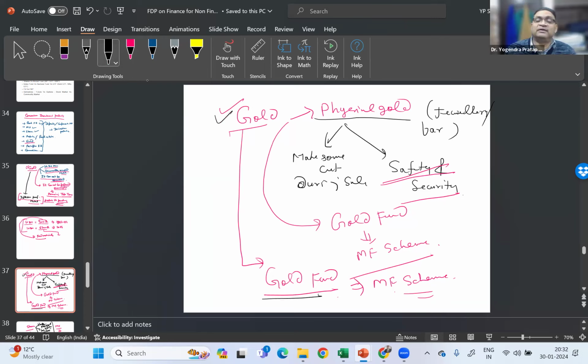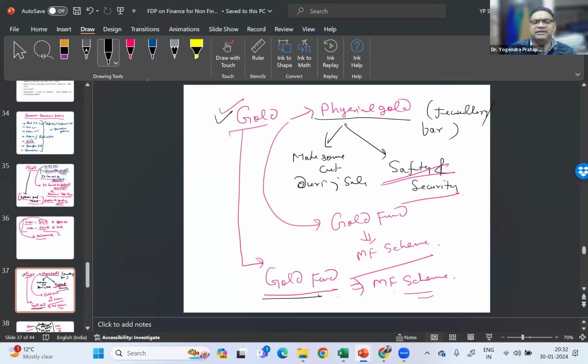The gold fund is a mutual fund scheme. It is not the substitute of physical gold, because if that company goes down, there is a problem with that company, your fund will go down. Yes, up to some extent, if the gold prices will go up, the opportunity will go up.